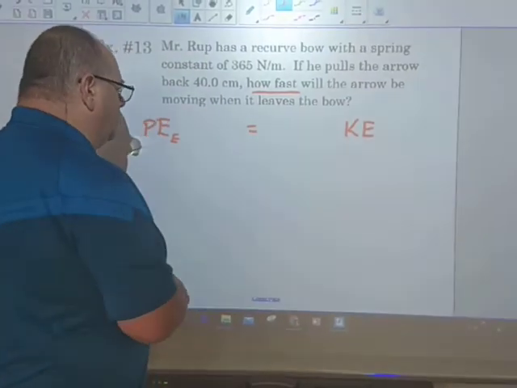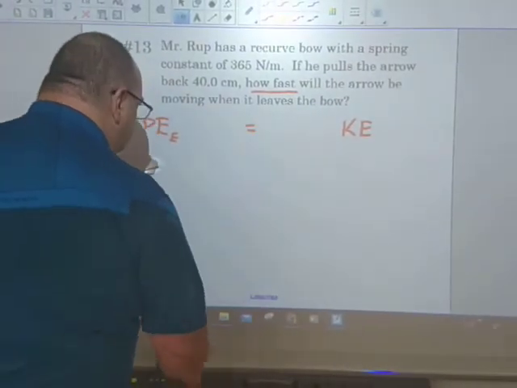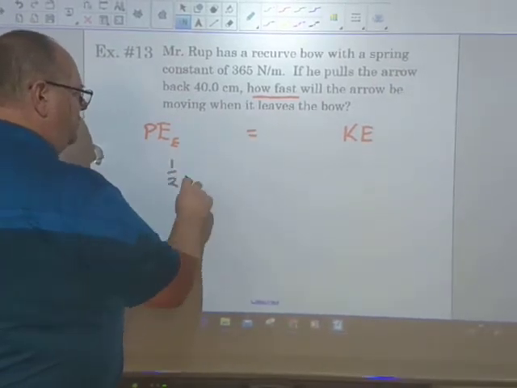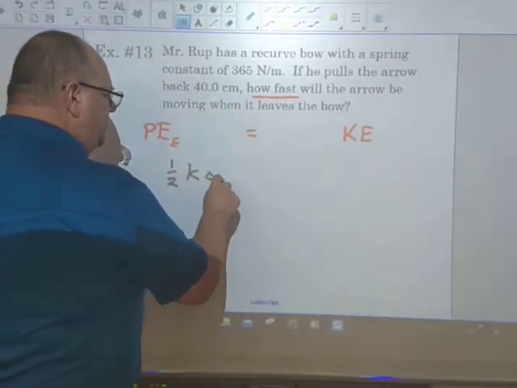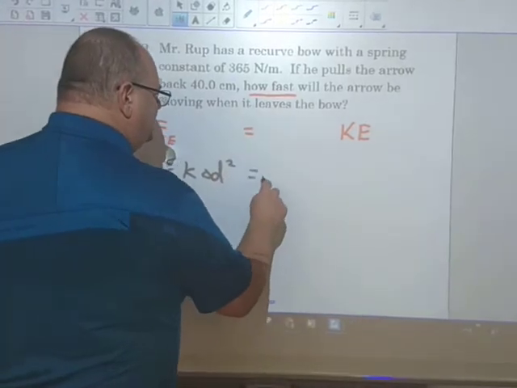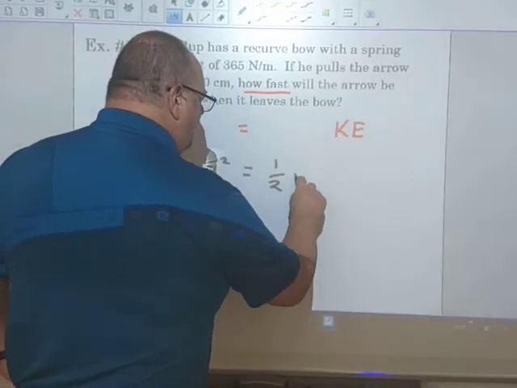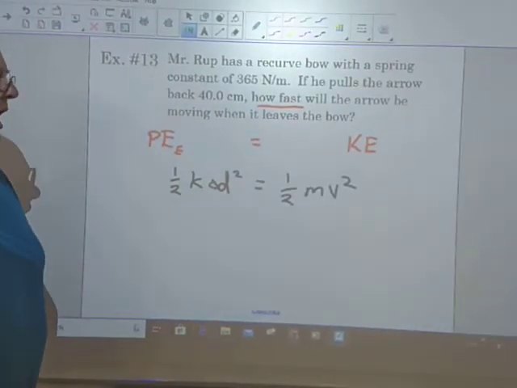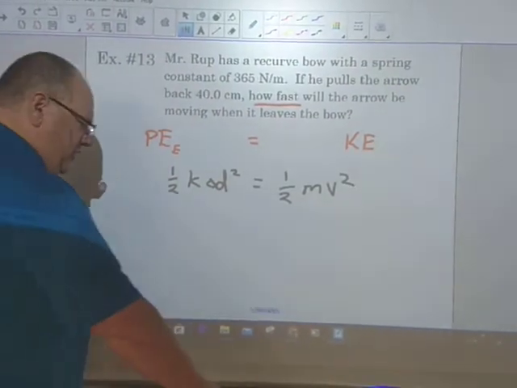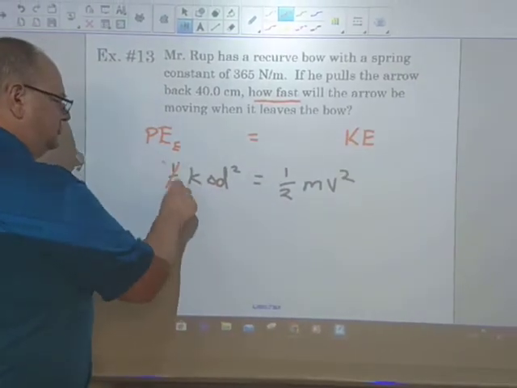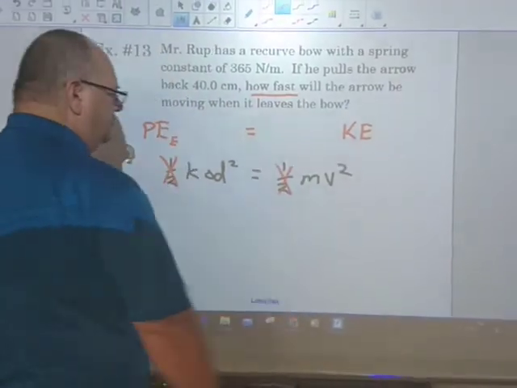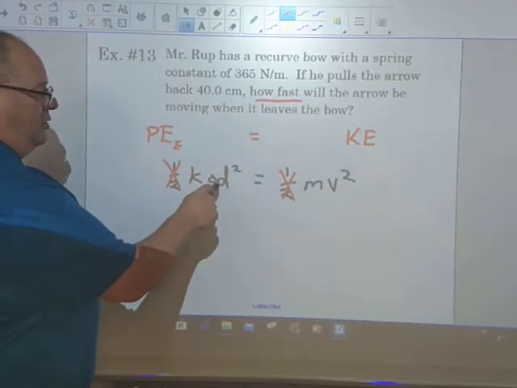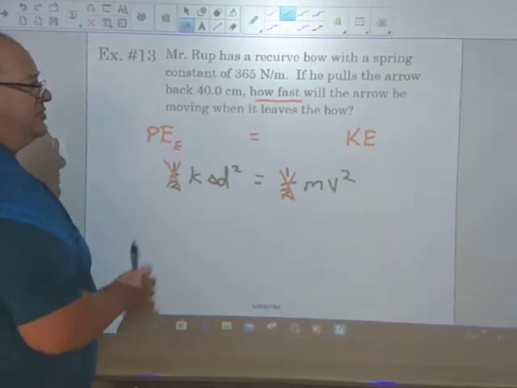We're going to set these equal. Let's look at the math. This is 1/2 k delta d squared, and this is 1/2 mv squared. The 1/2s are going to cross off. I told you the spring constant of the bow, and I told you how far it was pulled back.